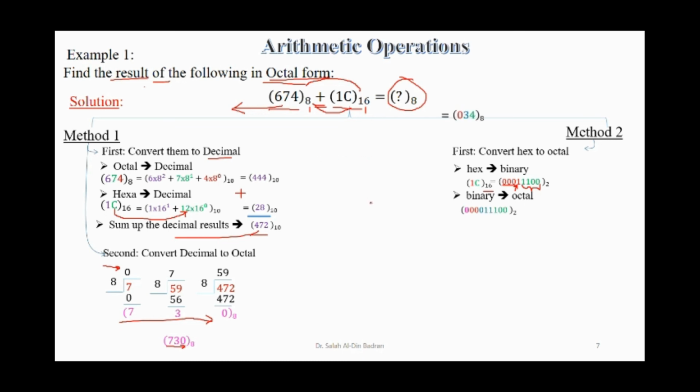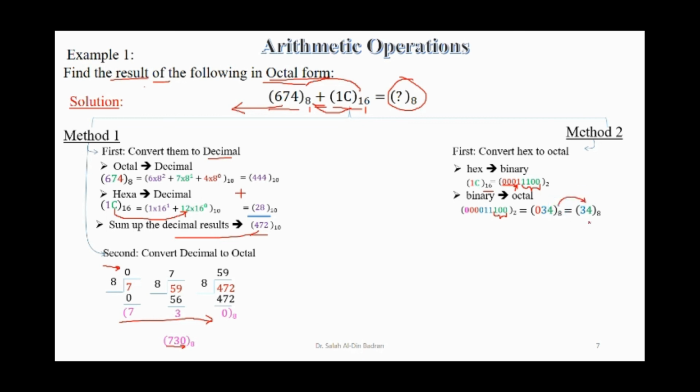And you know how we do that? We take every 3 digits and find the octal number. 001 is 1, 110 is 6, and finally 000 is 0.